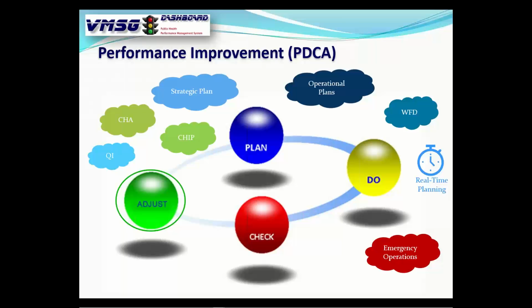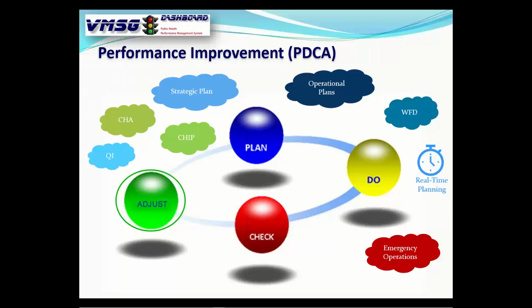So now, what has just happened is the ability to change a plan in real time. As you know, as you're developing plans, most plans are somewhere between a fiscal year long and maybe your CHIP is 5 years long, something like that. A lot of times what happens is we develop those beautiful plans, we put them on a shelf. At the end of the fiscal year, we go back and look and say, how did we do?